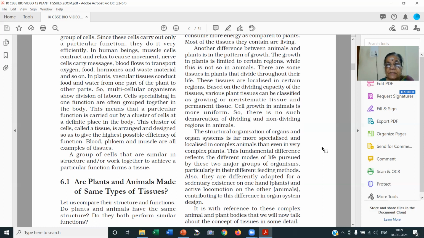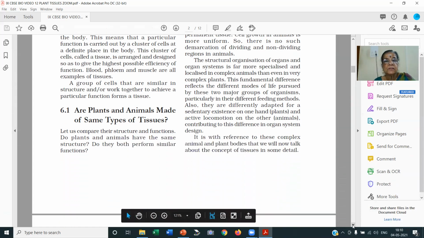They are also differently adapted: sedentary existence on one hand, that is for plants, and active locomotion on the other for animals, because animals will move from place to place. I hope you follow. So it is with reference to these complex animal and plant bodies that we will now talk about the concept of tissues.